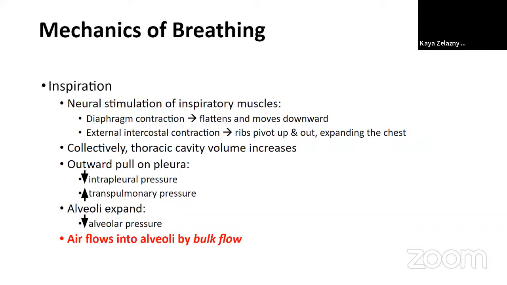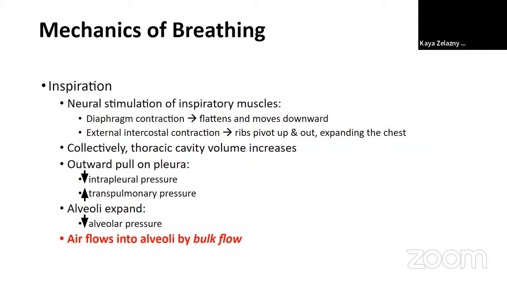As the diaphragm contracts, it moves down, opening up the thorax from the lower portion, right? So it's expanding into where your abdominal cavity was before. The external intercostals also contract, pivoting the ribs up and out. So we've expanded in all directions in response to these nerves sending their action potential.